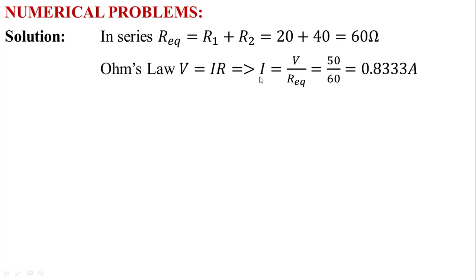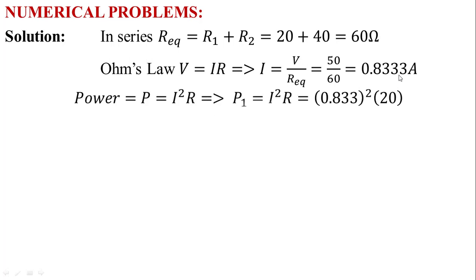This implies that I is equal to V upon R equivalent, so 50 divided by 60. So the current is equal to 0.8333 ampere.